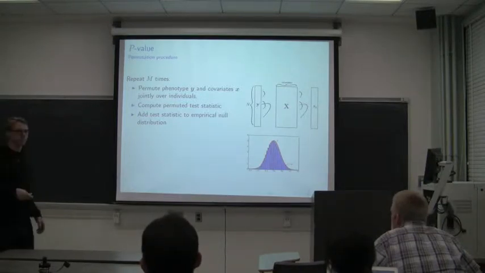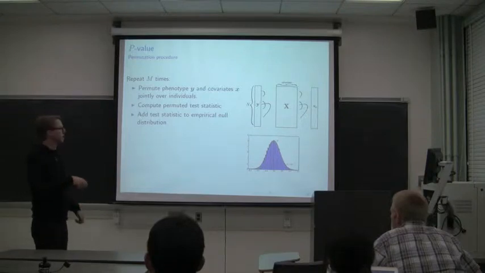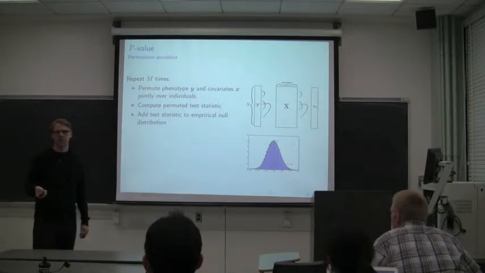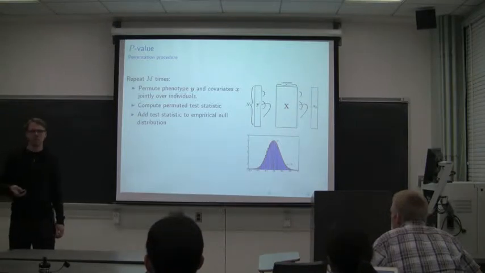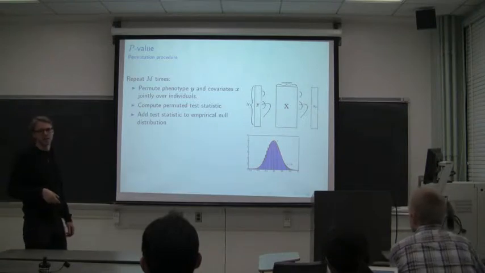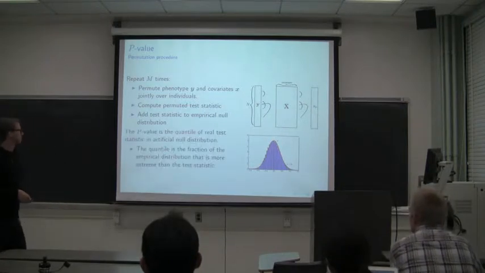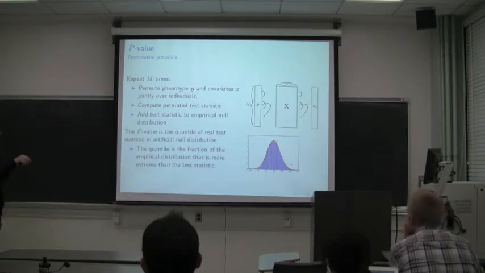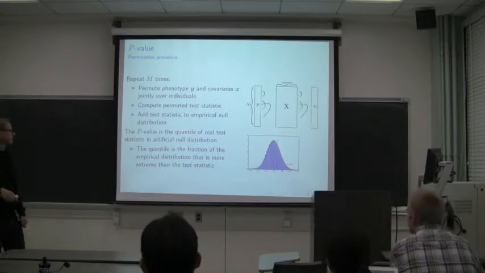If we get enough of these, we get a histogram with a fine enough resolution that we can estimate probabilities of observing a real test statistic under the null distribution. The p-value is then the quantile of the real test statistic in the artificial null distribution.